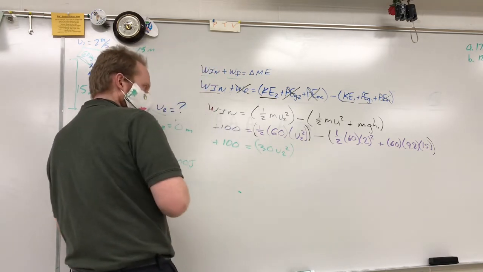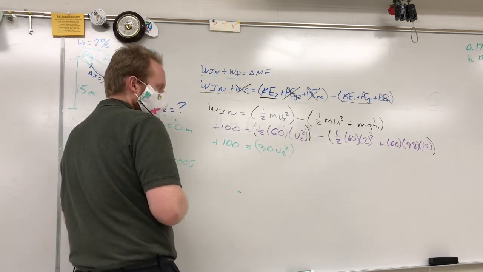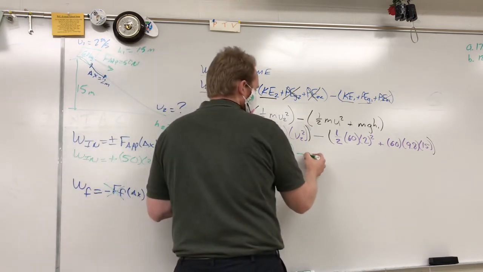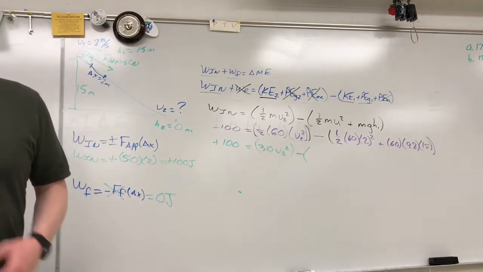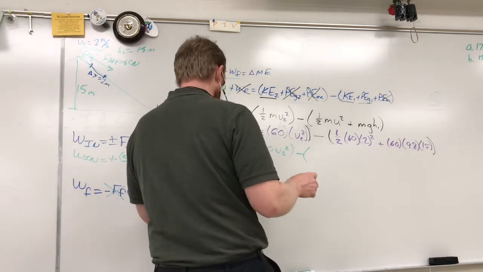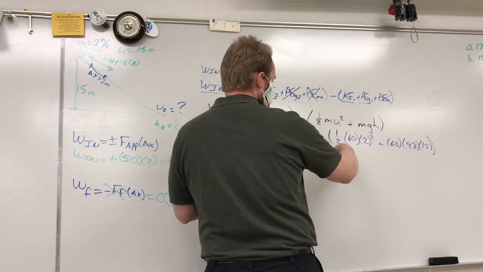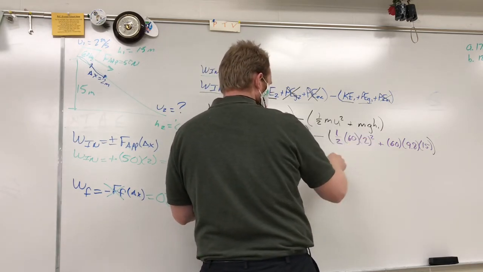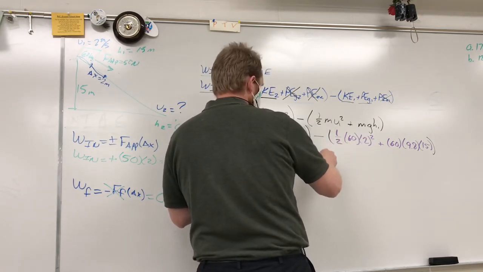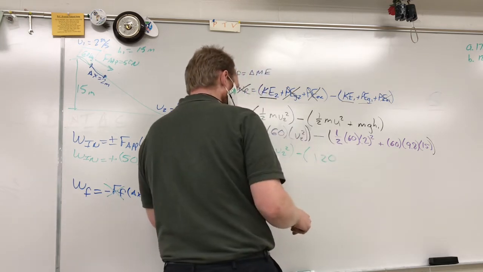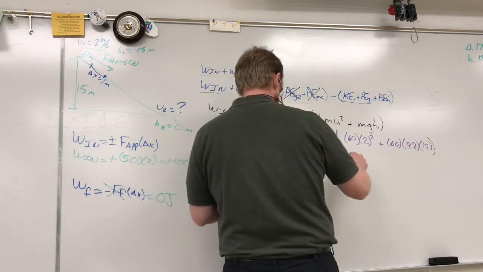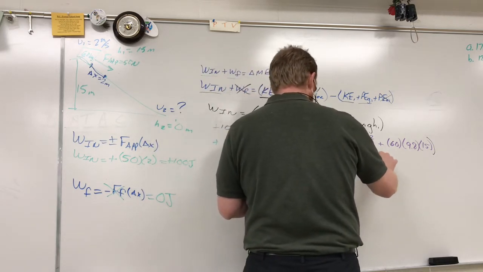One half of 60 is 30, times v2 squared is 30 v2 squared, minus, assuming I did this algebra right, let me know if I messed something up, 1/2 of 60 times 2 squared is 120. Then 60 times 9.8 times 15 is 8,820.